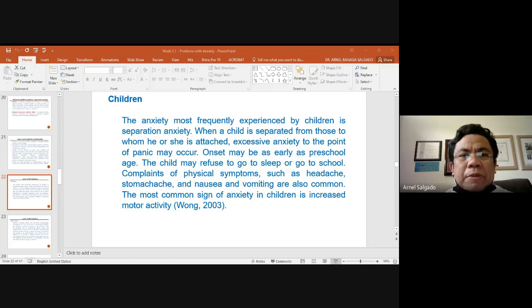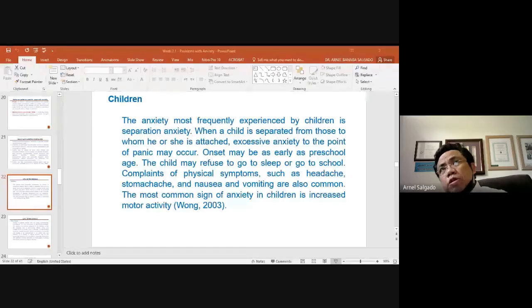So who will give these medications? The psychiatrist, or we may ask the psychiatrist or the attending doctors to order these medications, available or administered as necessary. That is one of our treatments when the anxiety is already severe or at the panic attack level.